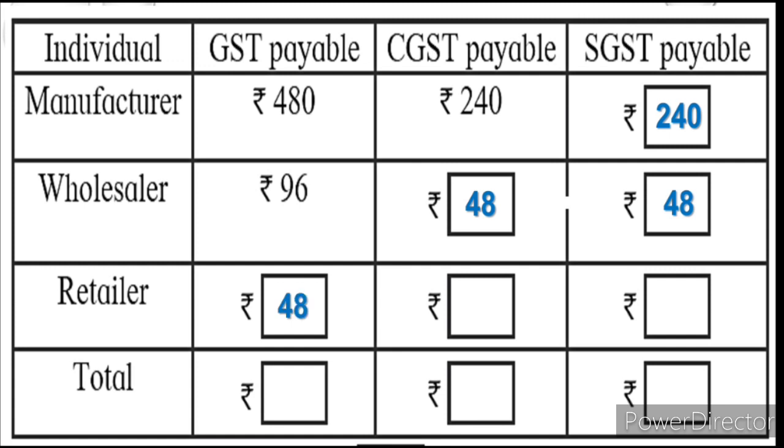As retailer paid 48 rupees GST, CGST will be 24 and SGST will also be 24. So total GST payable is 624 when you add 480, 96 and 48. Half of 624 is 312, and the other half is 312. I hope you all understood the basic questions of GST.